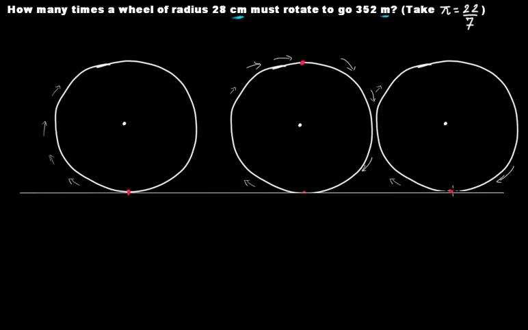Now, clearly, we know what the distance traveled will be for one rotation. For one rotation, the distance traveled will be equal to the circumference of the wheel.